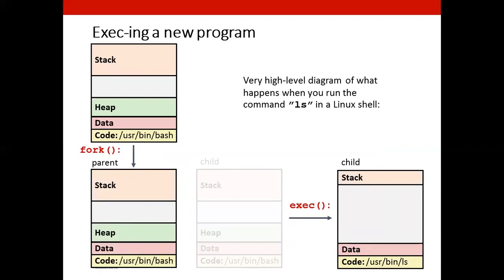That is going to list the directory for you. So long story short, bash is also a process, and for ls it is going to create a new process, and it is going to replace the child process with the code and address space of ls, because ls is also just a program.